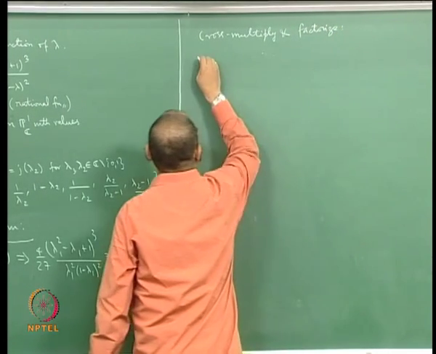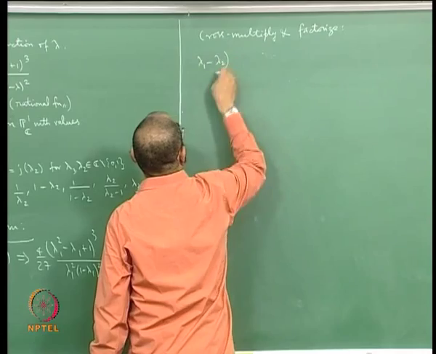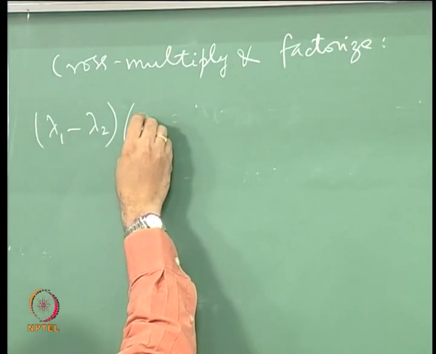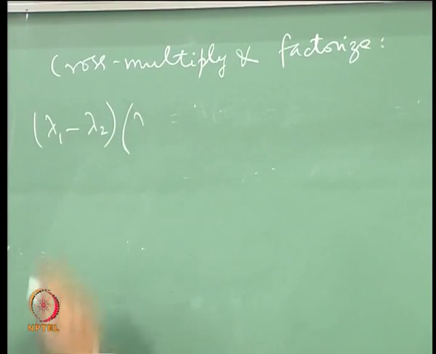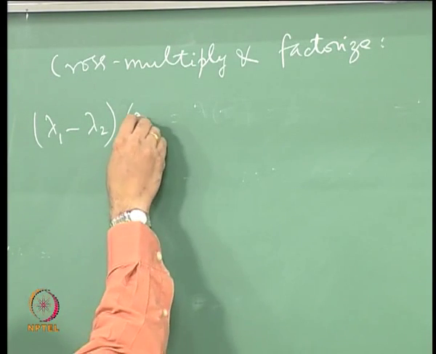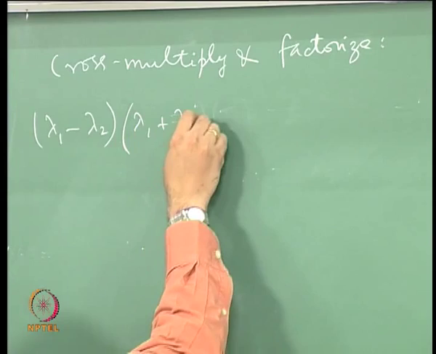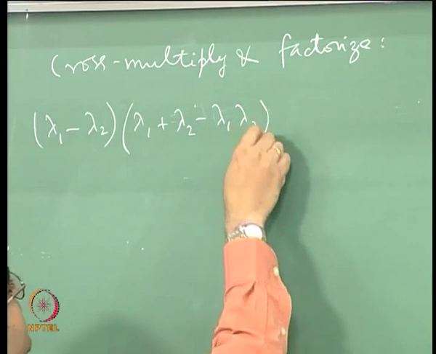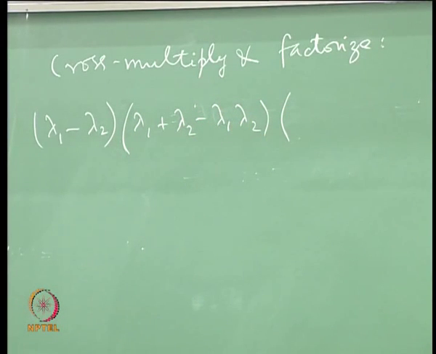what you will get is lambda 1 minus lambda 2 into, I think the other factor is lambda 1 plus lambda 2 minus lambda 1 lambda 2, into a third expression which looks a little formidable, but let me write it out.